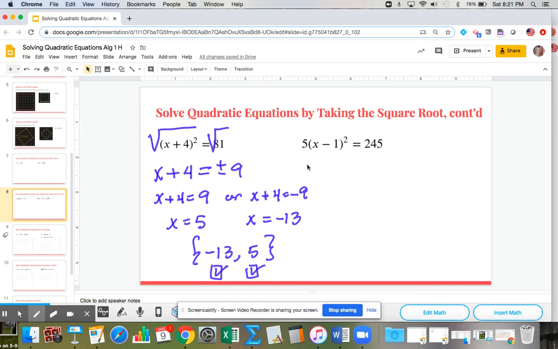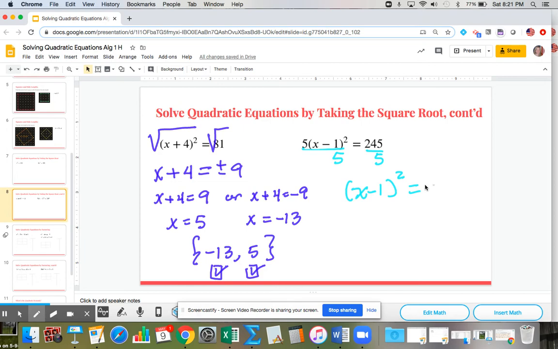All right, so this example over here, I'm going to change my color. We don't have the variable term isolated yet. We have to isolate that variable term by first dividing by 5. And so when I do that, I will now have my variable term isolated. And let's think about this with mental math.